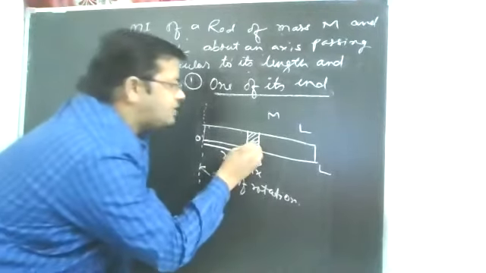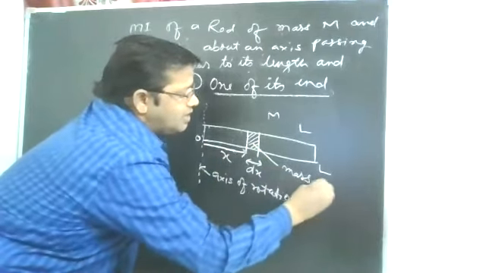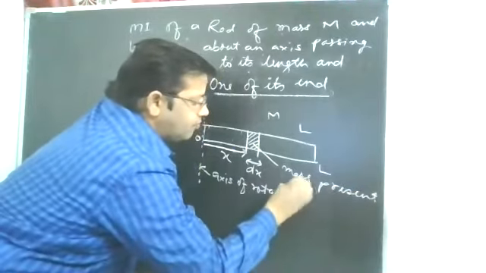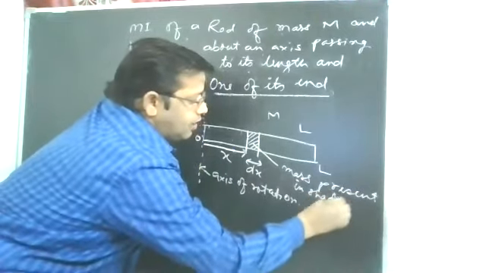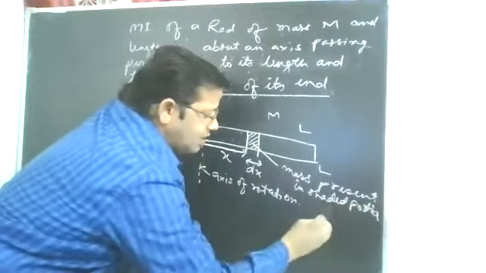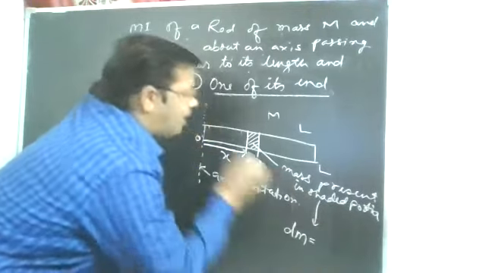Now the mass present in the shaded portion is dm, a small part of the mass.